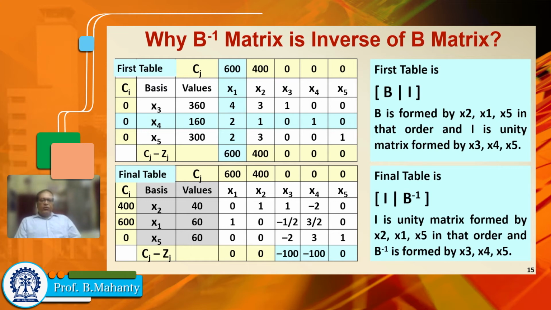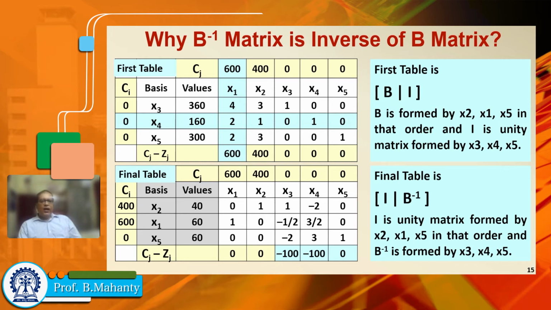So this you already know. Now look here, what has exactly happened? The variables in the basis of the final table are x2, x1, and x5, in that order.